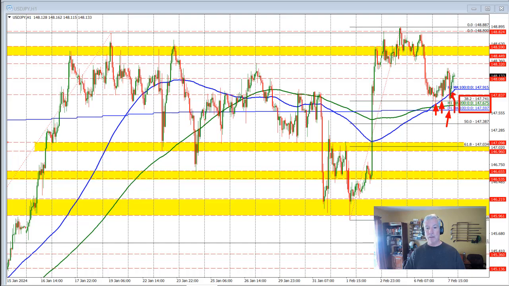On the top side, the next key target will look toward this level right here, which comes in at 148.32, and then we'll look toward this swing area up here, which was largely defined back through here. We did have some breaks to the upside, and then we reestablished resistance here.